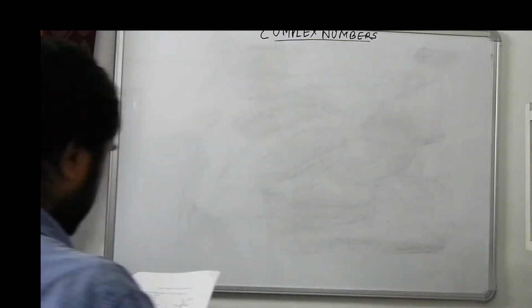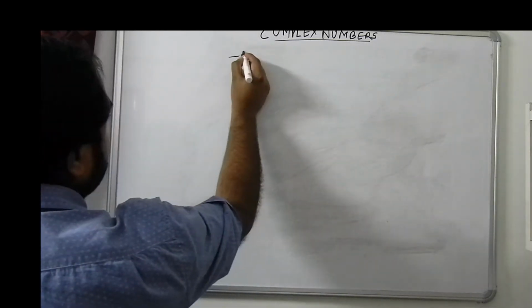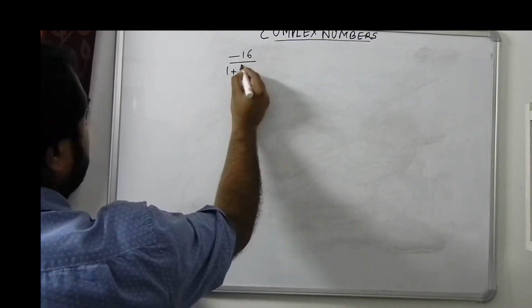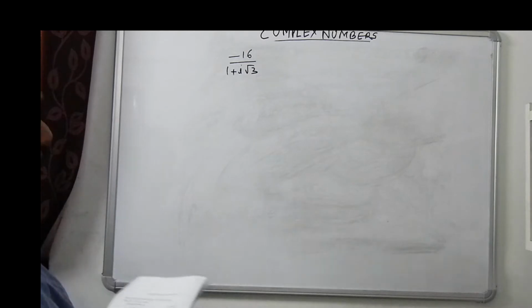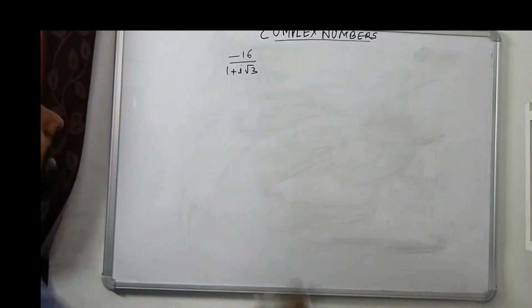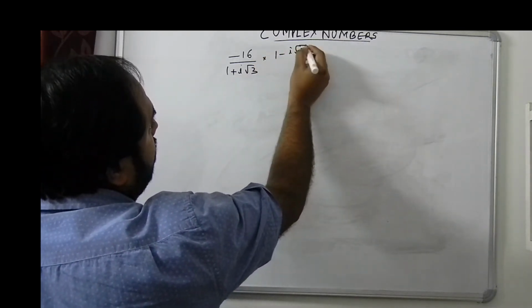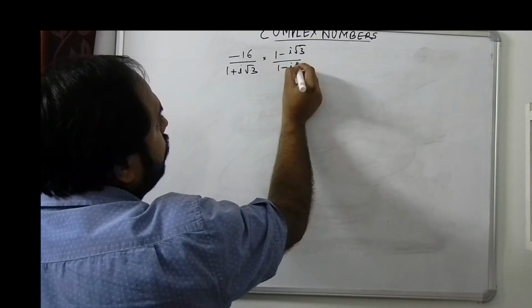Taking another example. Convert the complex number minus 16 upon 1 plus iota root 3 into its polar form. Now I know that whenever I get a complex number with a denominator in division form, I have to multiply it by its conjugate. So I do it very quickly. I multiply by 1 minus iota root 3.